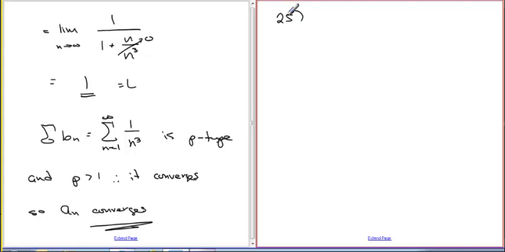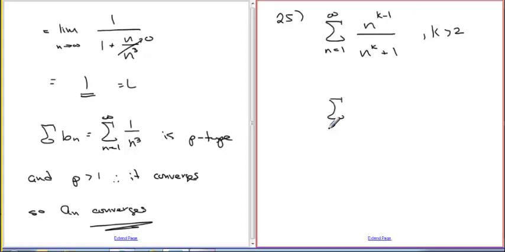Okay, we have 25. So what we're looking at here is if k is greater than 2, let's just look at an example.